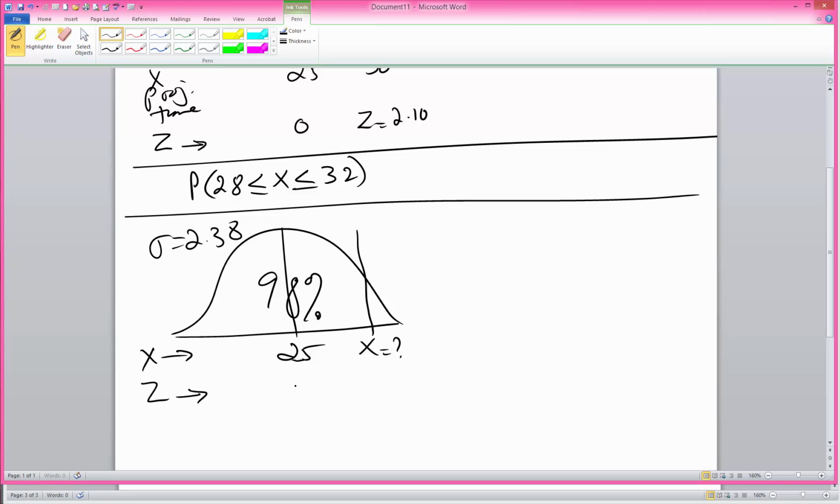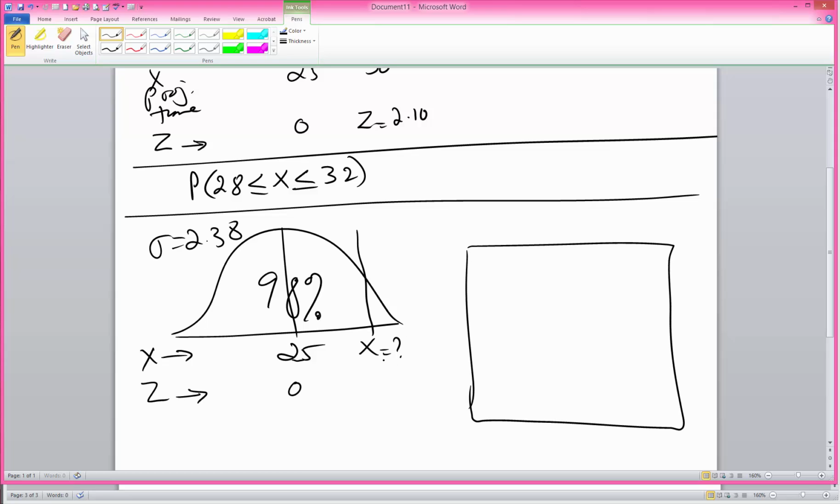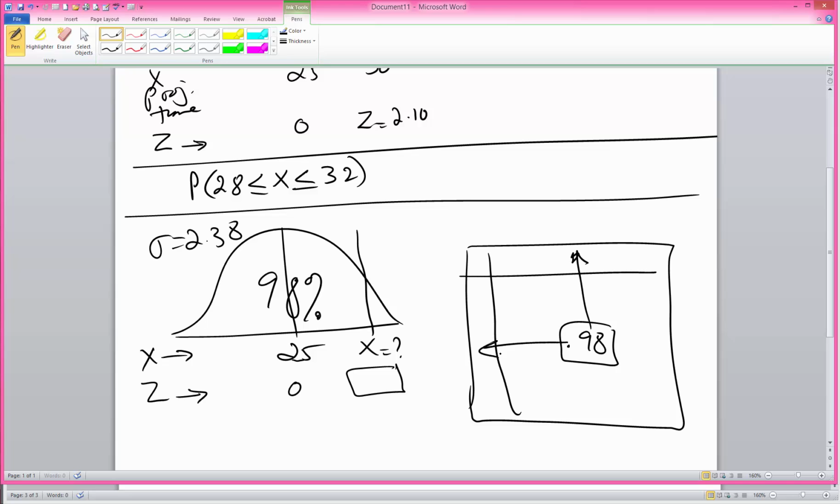Again, we use the z distribution, mean is 0, but in this case we know the area we're looking for, and I want that to be 0.98 associated with whatever z-value I read from the table.